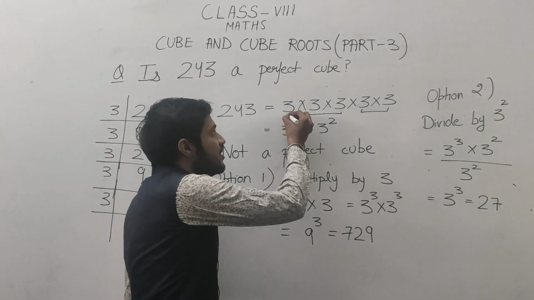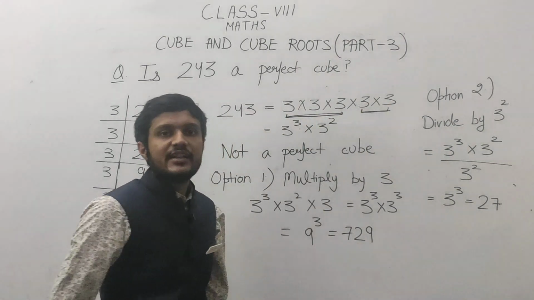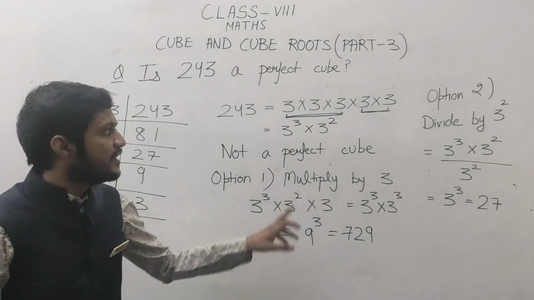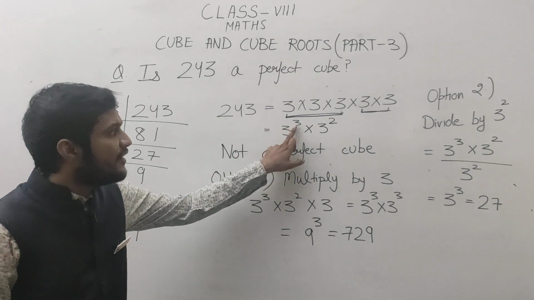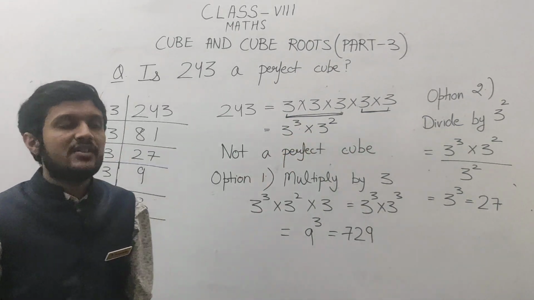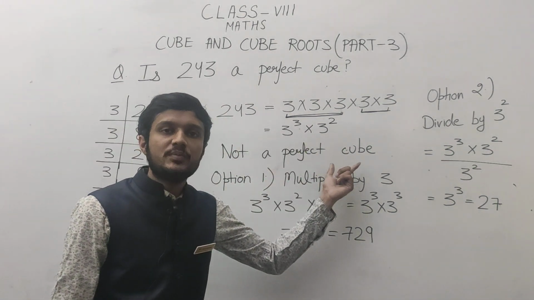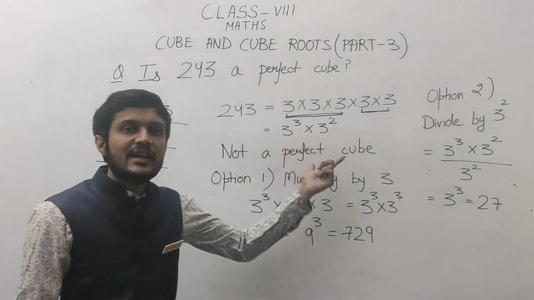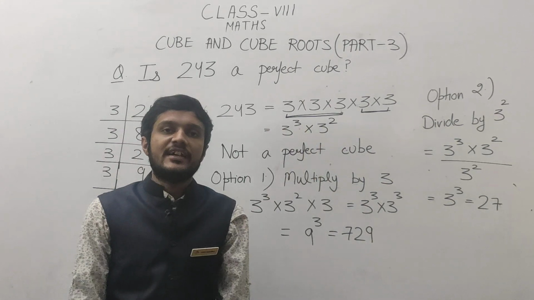I can make one group of 3, but the other group contains only two 3s. So I can express 243 as 3 raised to power 3 into 3 square. It is clear from this prime factorization that 243 is not a perfect cube because we can't make groups of 3 same numbers in its prime factorization.